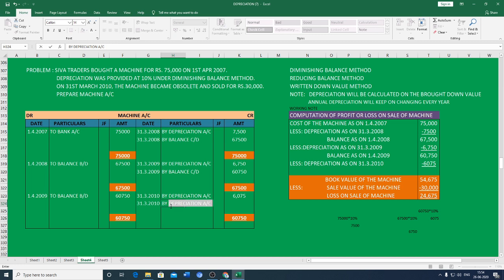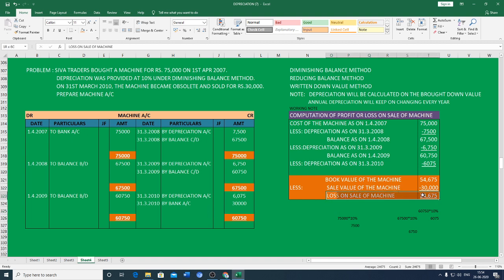Okay now, whenever you purchase, you write to bank account. In the same way, whenever you sell the asset, you should write by bank account. For how much you are selling it? 30,000 rupees. We are selling it for 30,000. If you look at this, both the sides value will not get matched. So when it is not matching both the sides, there is some difference. The difference is called as either profit or loss, as I told you in the previous video also.